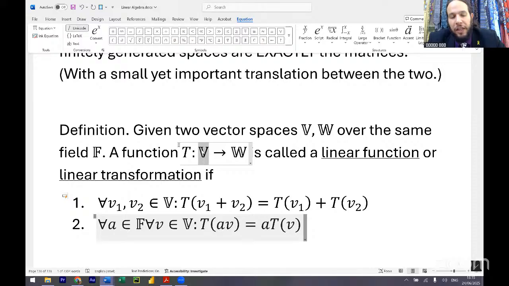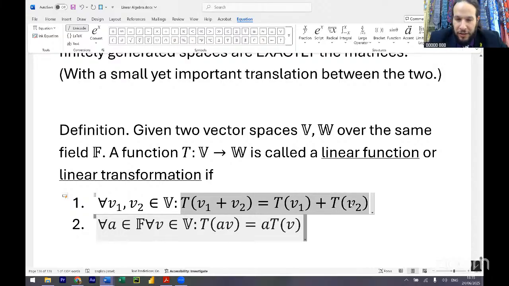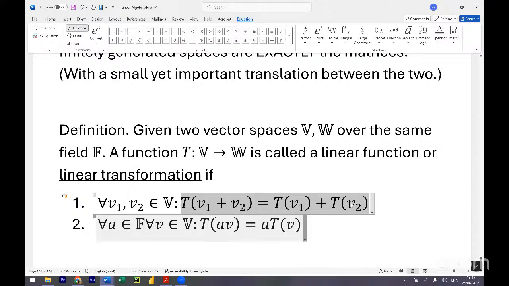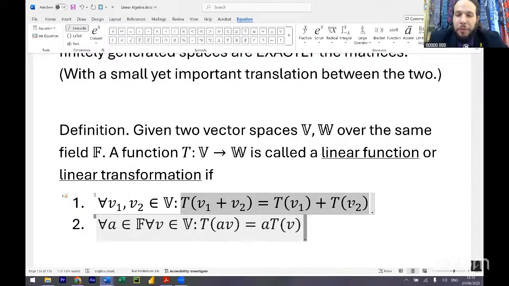Just before I give you the first example, does this rule remind you of something? Yeah, it's just matrix algebra, right? Exactly. It's the distribution law, and the rules of being linear. This is also matrix algebra.